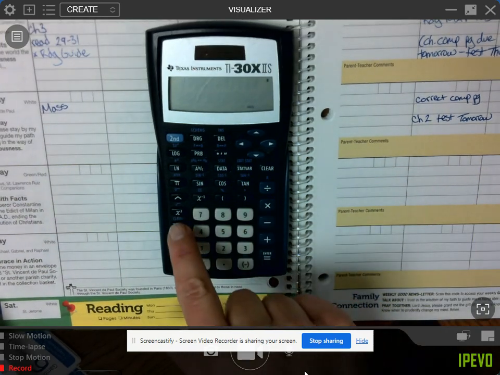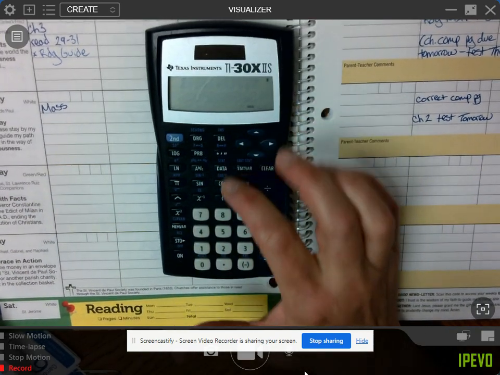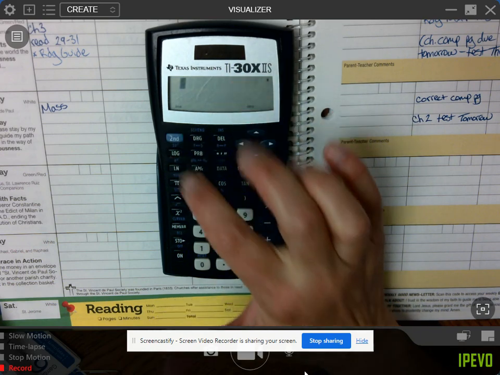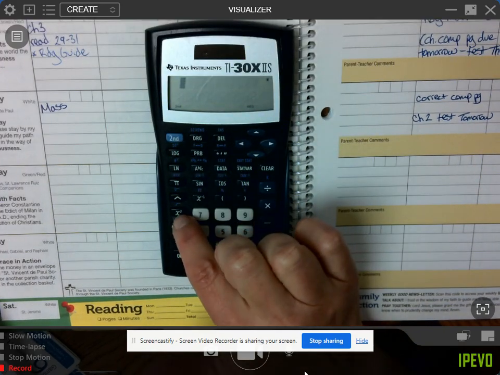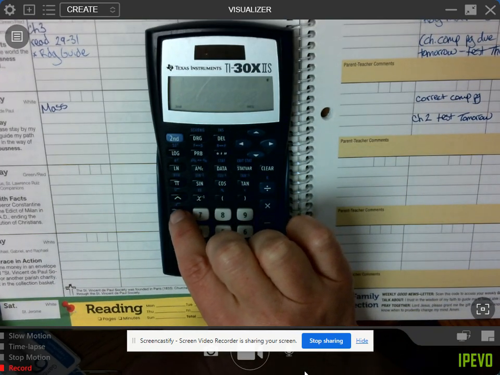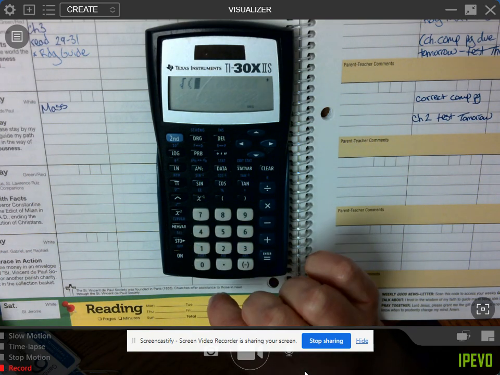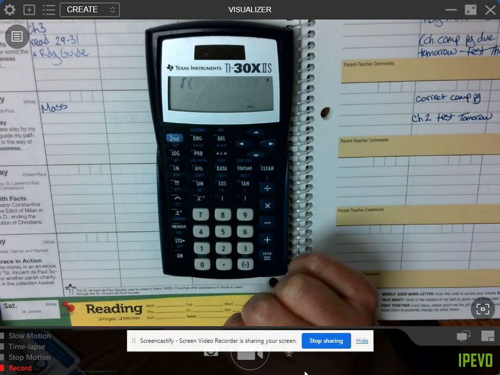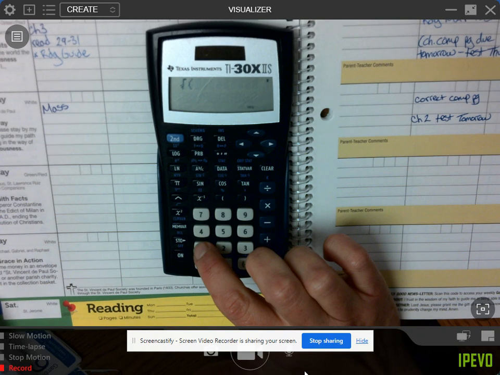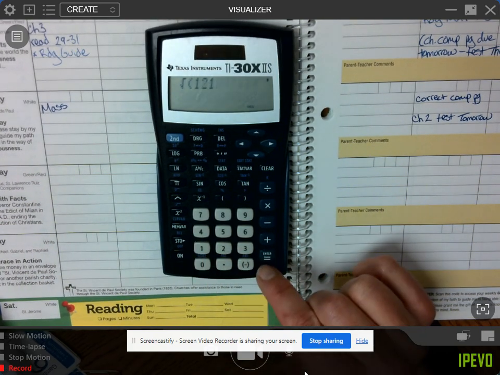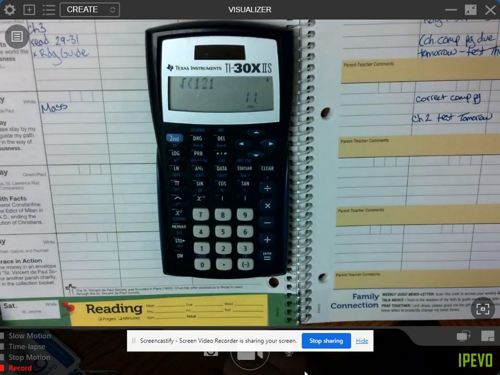So we press the second button and then the x squared button, and notice there's a parenthesis there. So for the square root of 121, it is 11.